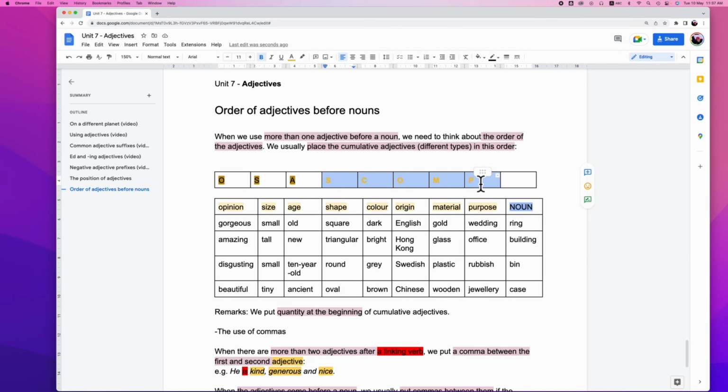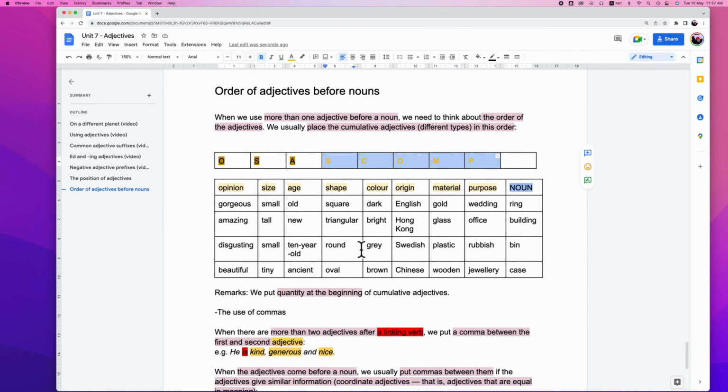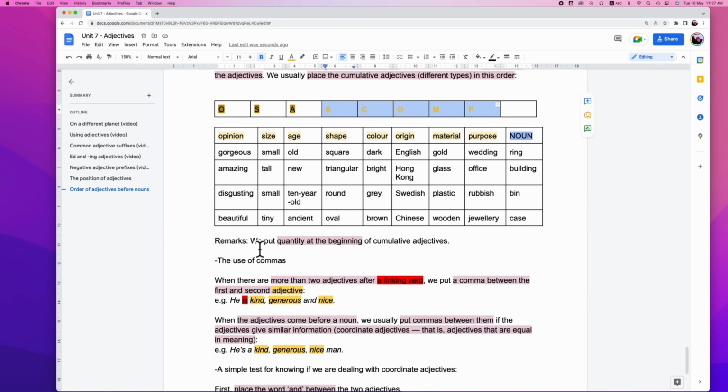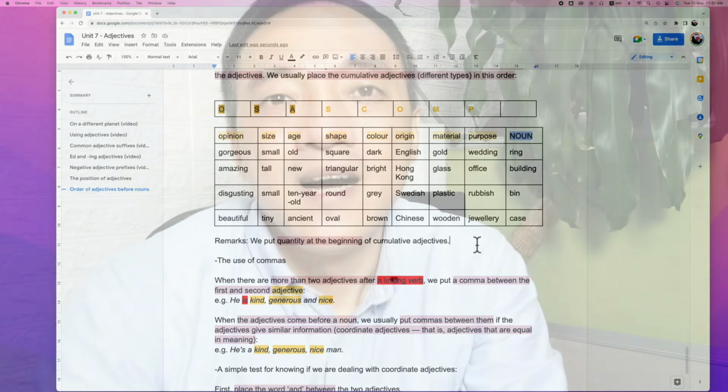So it helps us to better remember the sequence of these adjectives in front of a noun. Now, remember, above all these, we put quantity at the beginning of all cumulative adjectives.